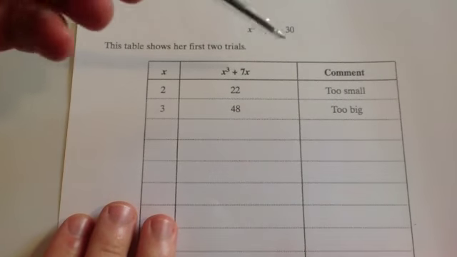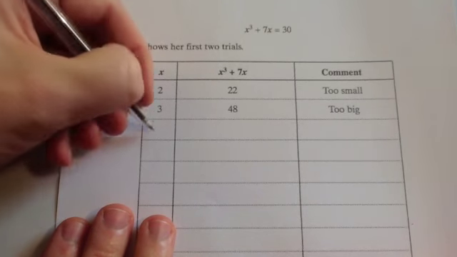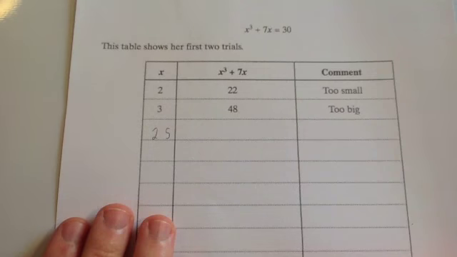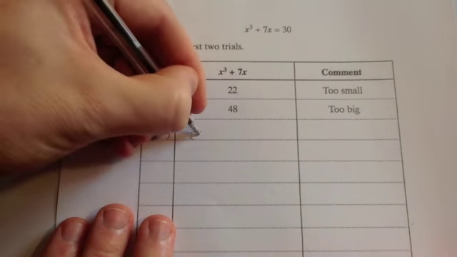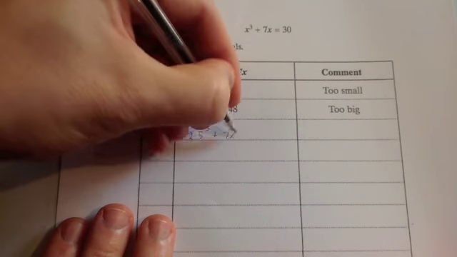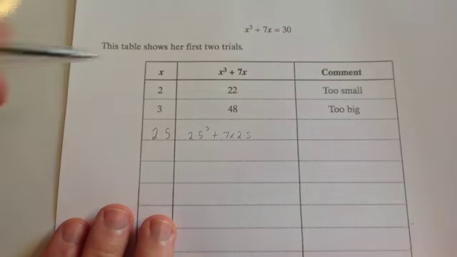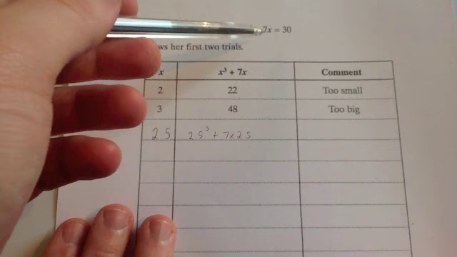Obviously 30 is roughly in the middle of these two, well, it's not really, it's probably a bit closer to 20, but let's just try in the middle, 2.5. So we're going to do 2.5 cubed plus 7 times 2.5. Remember, you cube the number you're thinking of and add 7 times the number.